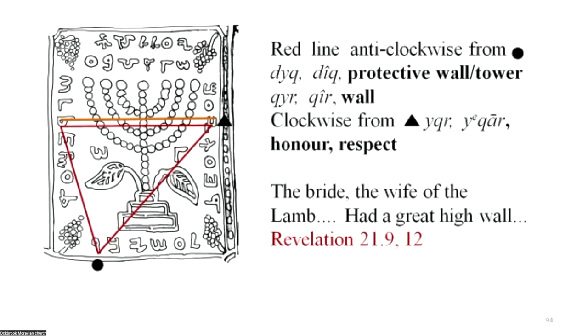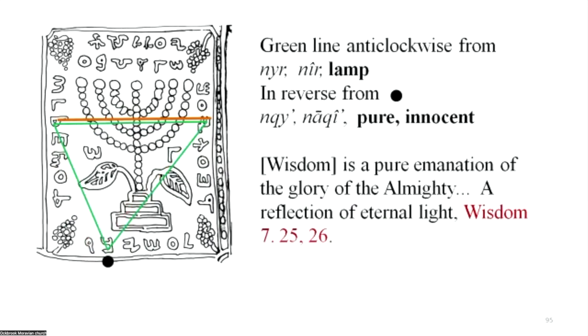Second, there is this huge emphasis on the high walls, the great high wall, Revelation chapter 21, verses 9 and 12. The walls of Jerusalem are very, very important. And the lady herself, in some way, is those protective walls. There's another picture of them we shall see later.